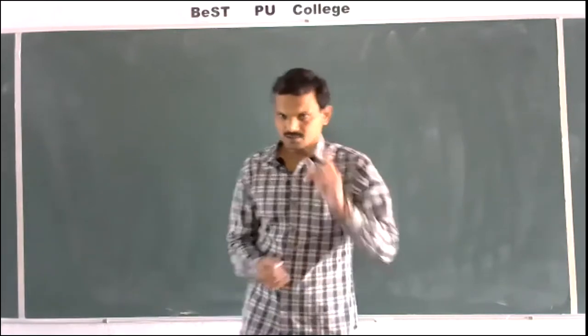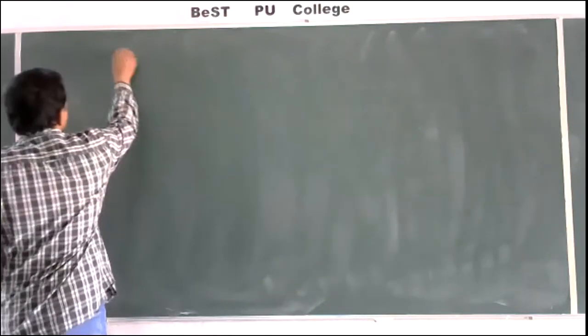Let us see here. We'll solve some simple problems based on what we discussed yesterday, Max Planck's quantum theory, as well as what we discussed today, the photoelectric effect. Right. Let us take the first one.